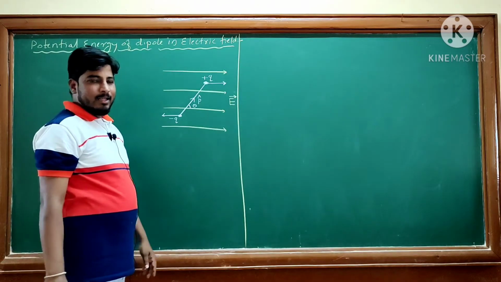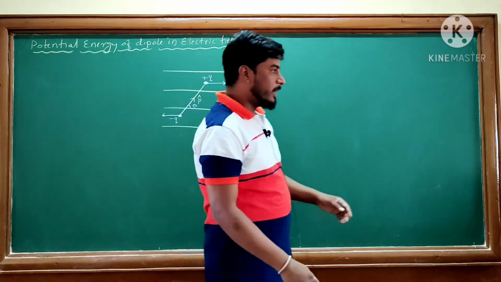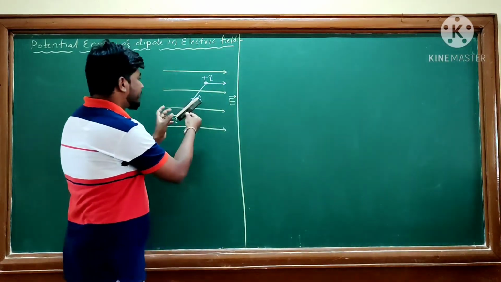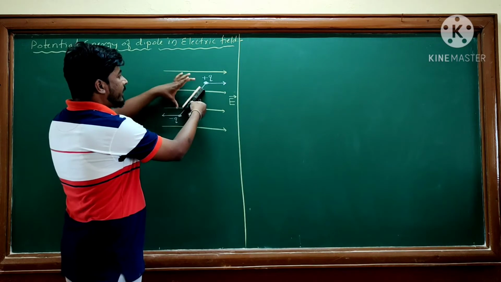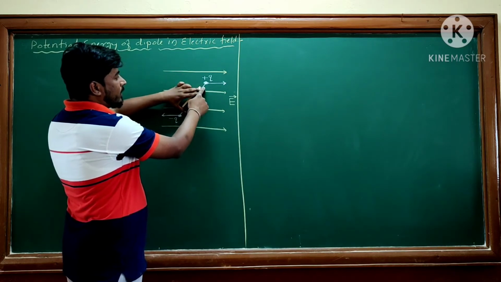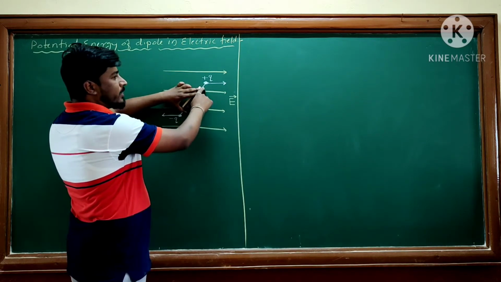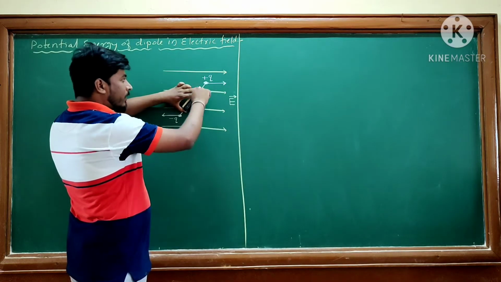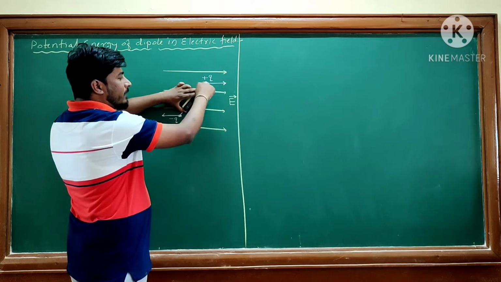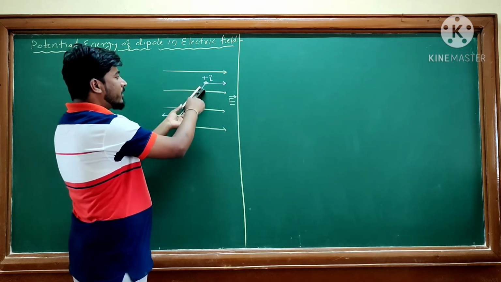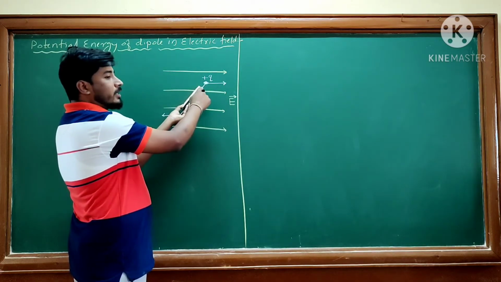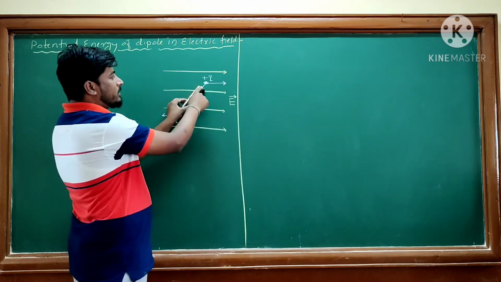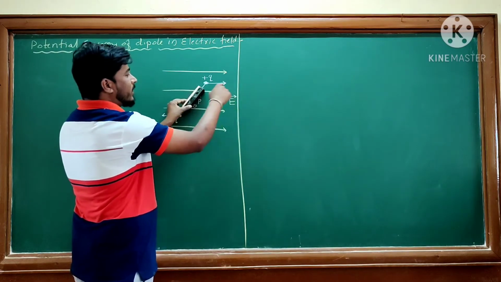So if I take this as a dipole and place it here, this dipole experiences torque in the presence of the external uniform electric field, and the net force on this dipole is 0. Suppose there is a positive charge and a negative charge. The positive charge experiences force in this direction.